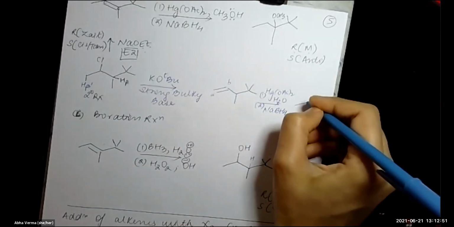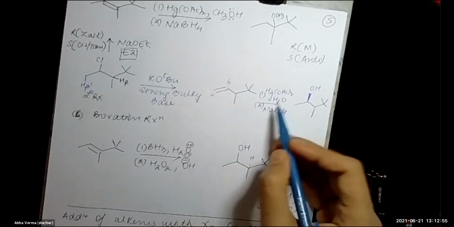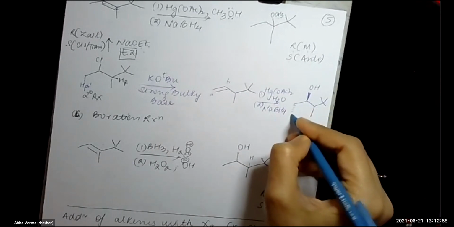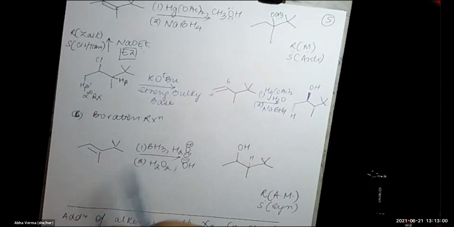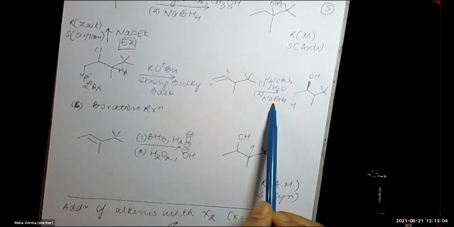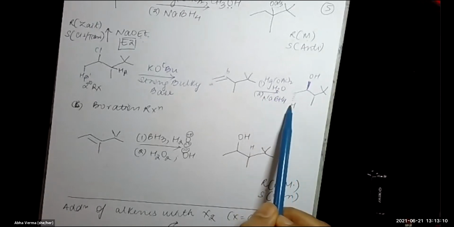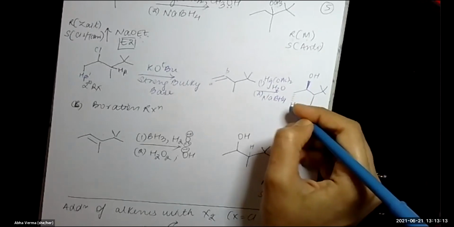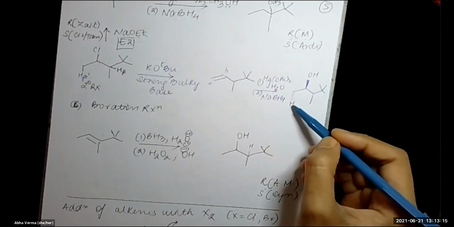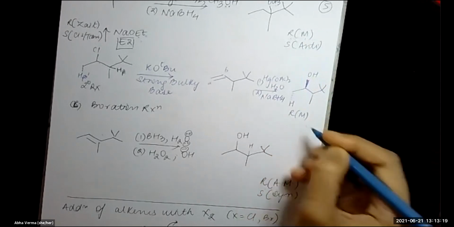So this is where your incoming nucleophile will go, and your hydrogen, which will be after this sodium borohydride. So remember, this also follows a radical mechanism. We are not going to look at that. Just trust me on that, that a hydride replaces the mercury acetate. But this regiochemistry is still Markovnikov's.